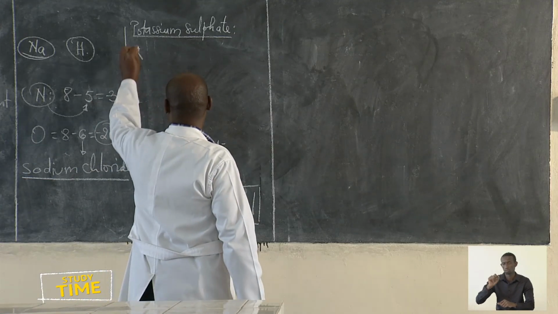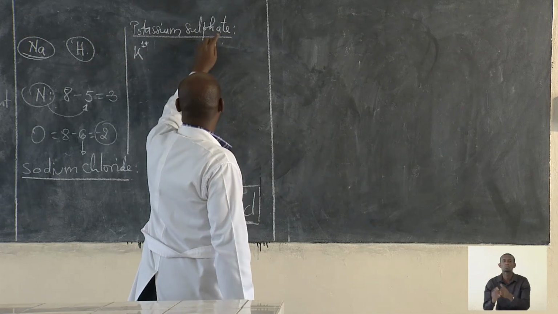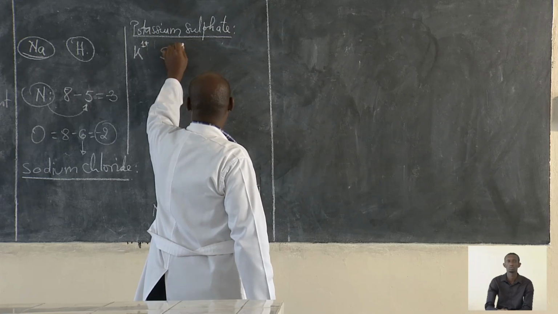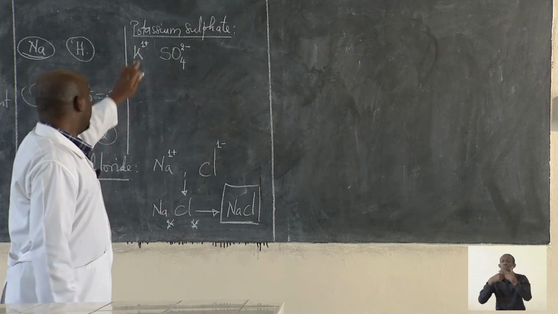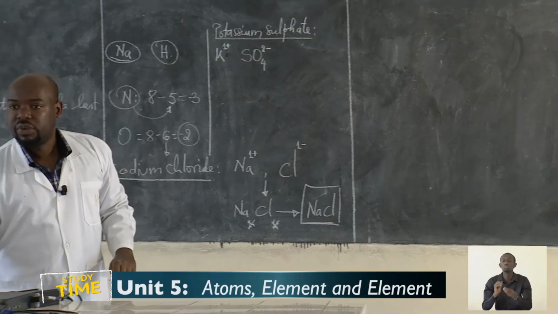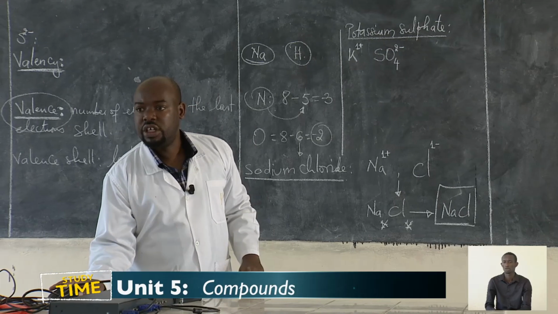It is K with one positive, that is the valency. And the sulfate ion is SO4 with 2 negative. This is the valency. Now we are done with point number 1, writing valences as superscripts after each symbol.